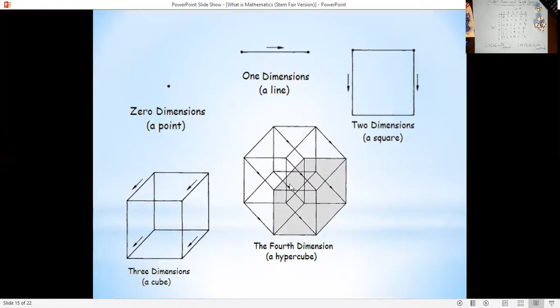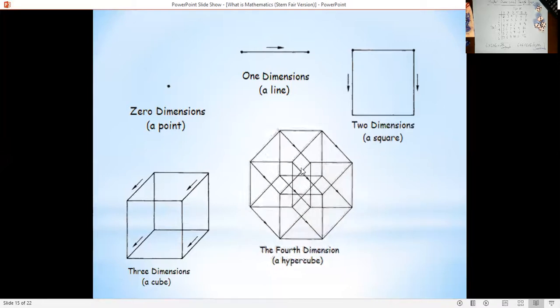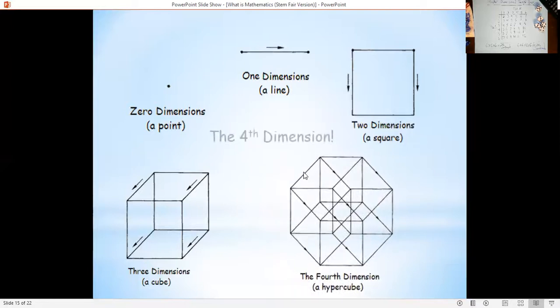So this hypercube has 8 faces, and the faces are not a 2-dimensional surface like this. The faces are a 3-dimensional cube on each face. It's kind of weird, but that's what it is, okay? You're taking these patterns that occur here and extending them to say meaningful things about the 4th dimension, okay?